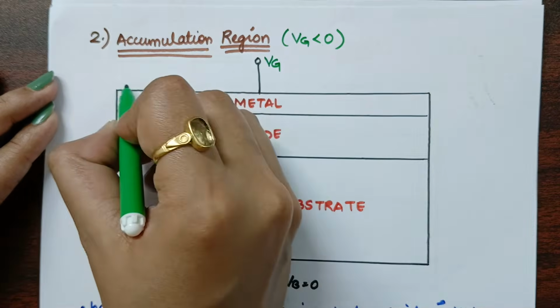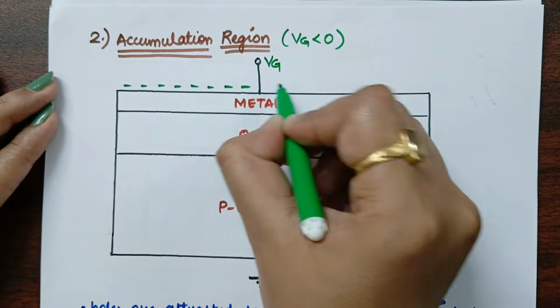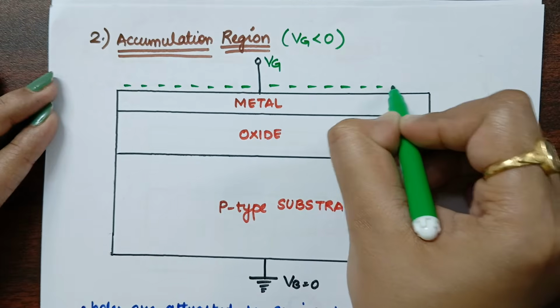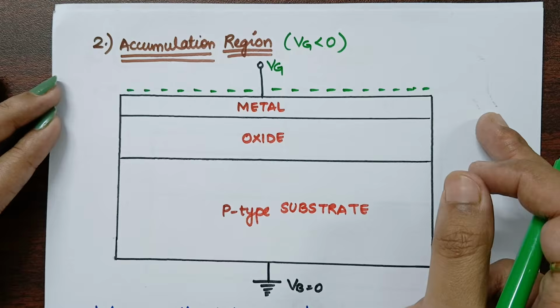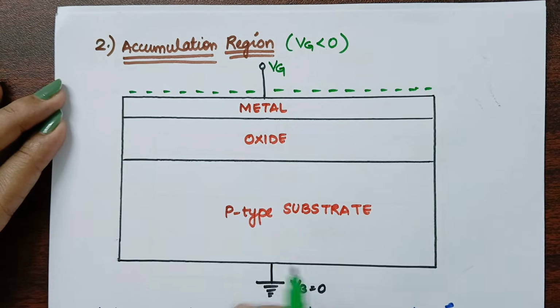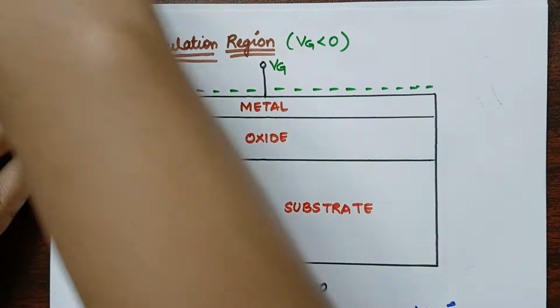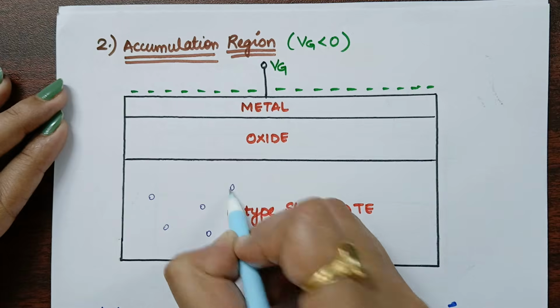So if it is negative, then the whole negative region will be accumulated, and due to these negative charges, what will happen? Here it is a p-type substrate. So if it is a p-type substrate, there will be a large quantity of holes.